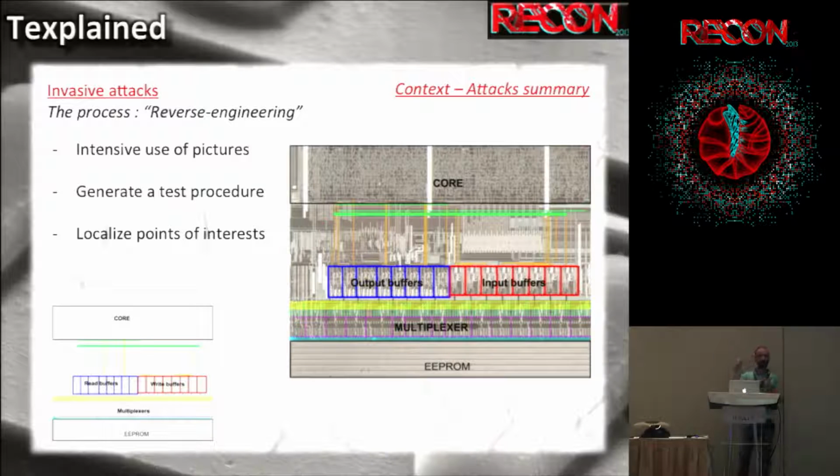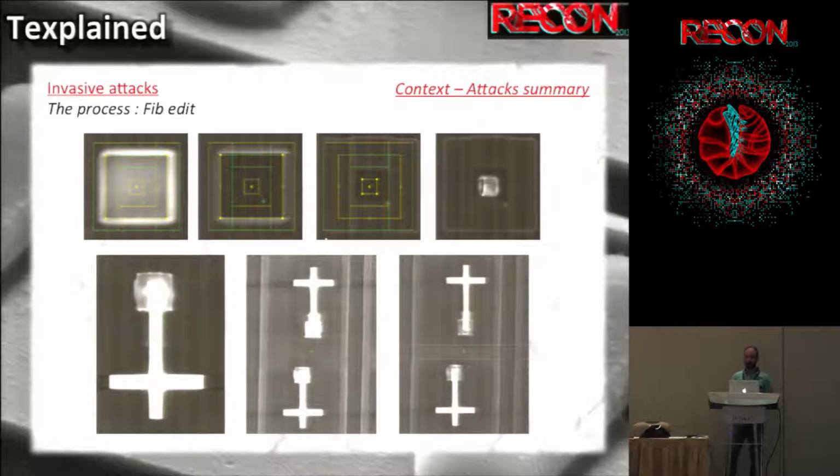If you look at just some lines, you will see that those are just the buffers for writing and reading to the memory. So if I want to read this particular EEPROM, I know already where the data bus is. So I know that I will play on this. And I will find my point of interest according to this picture, for example, and then I will go to the FIB.